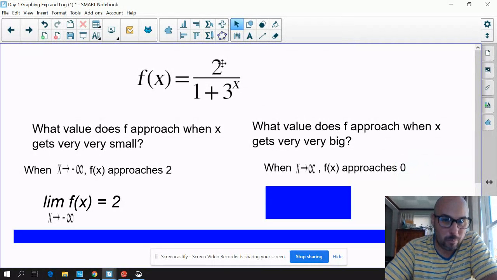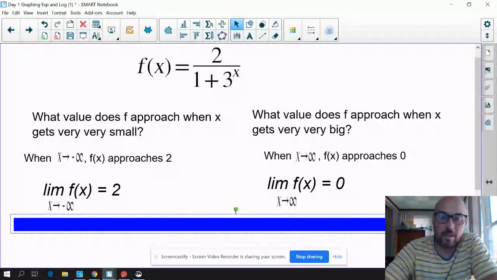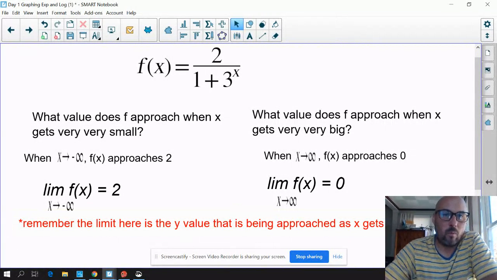If you have 2 pizzas and you have to feed everybody on Earth, everybody still gets basically nothing, because 2 divided by 7 billion is such a small number. It's not 0, but it's really darn close. It's basically 0. In math, we say it approaches 0. And that's the limit on the other side. The limit of the function as x approaches infinity is 0. And remember, the limit is what number the y value approaches when x gets closer to a certain number.